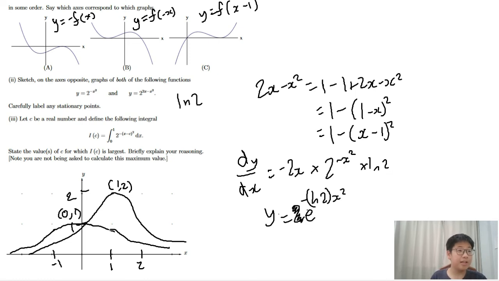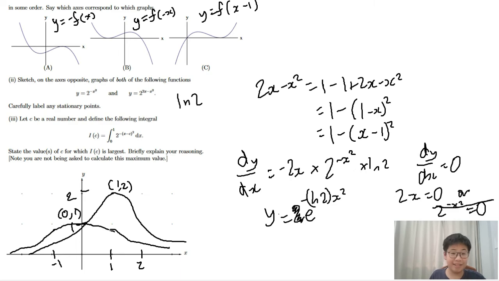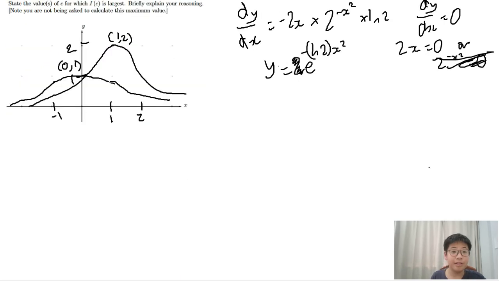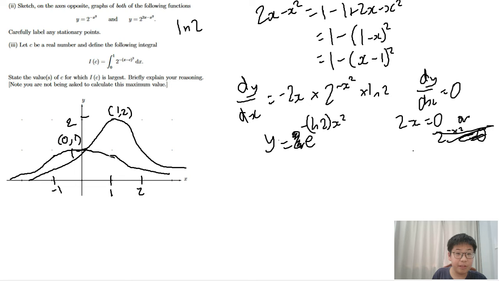And so let us calculate when dy over dx is 0. So it's either 2x equals 0 or 2 to the power of negative x squared equals 0. This latter is not possible, which leaves the only possibility that x equals 0. Therefore, y equals 2 to the power of negative 0 squared, which equals 2 to the power of 0, which equals 1. And if you know your values of indices, you can see why this is so.